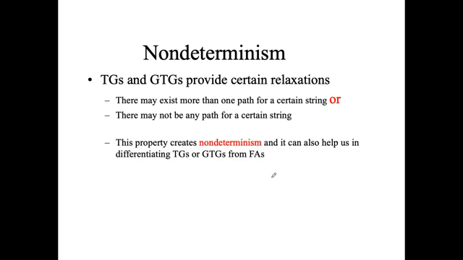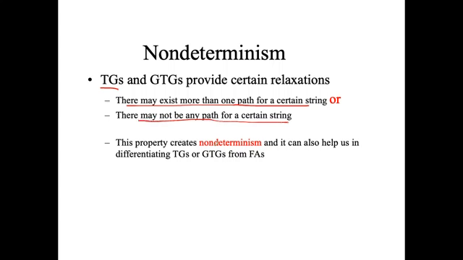So GTG has non-determinism. So transition graph and GTGs provide certain relaxation. One relaxation is there may exist more than one path for a certain string, or there may not be any path for a certain string.